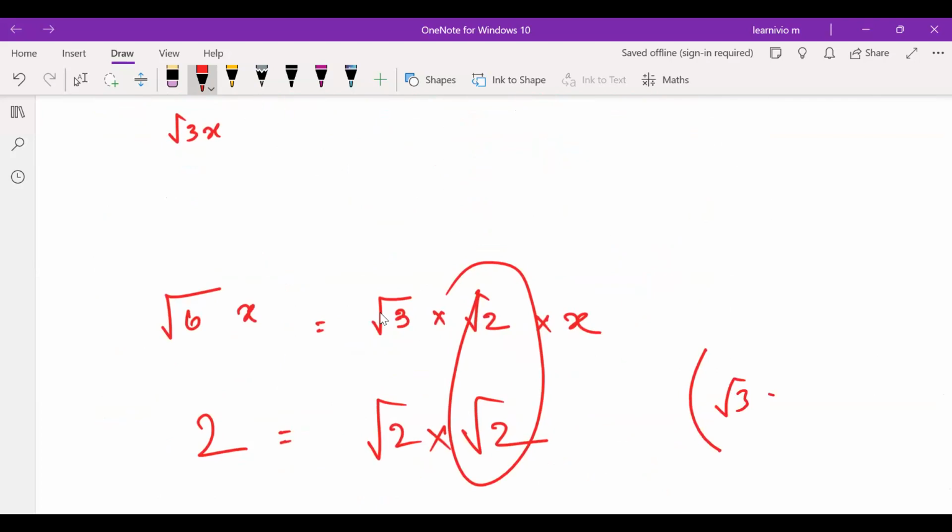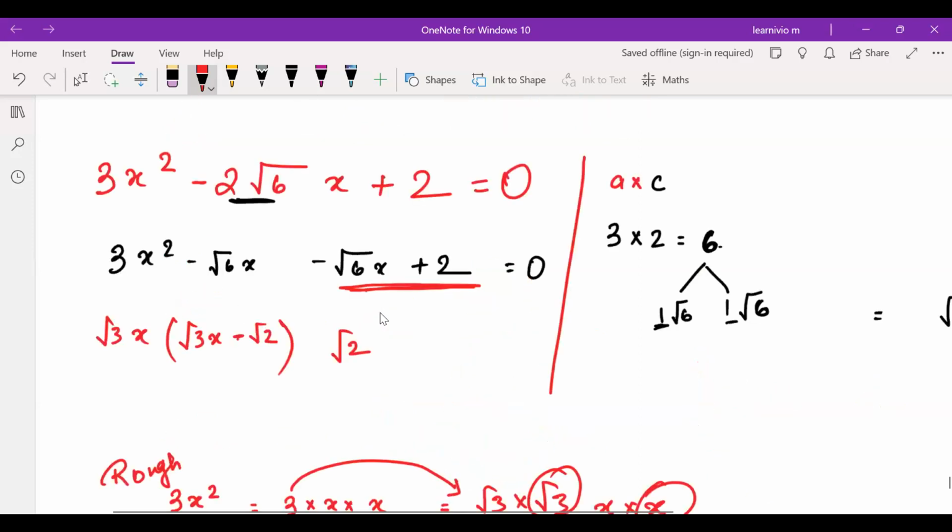Root 3x remaining from the first term. Root 3 will be remaining, and then we have x, root 3x. Then it will be root 2. This is how we'll have root 3x and then root 2.